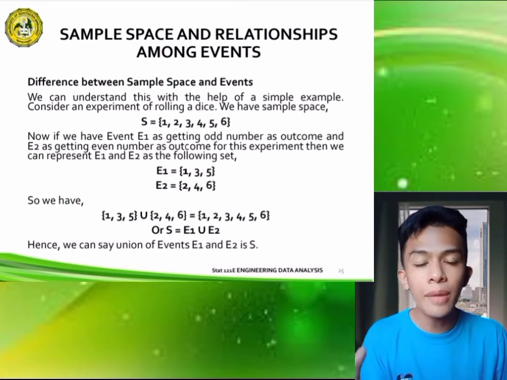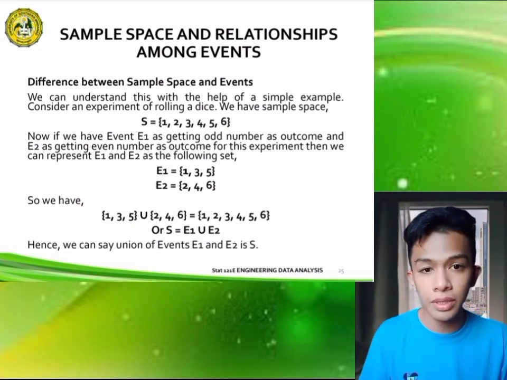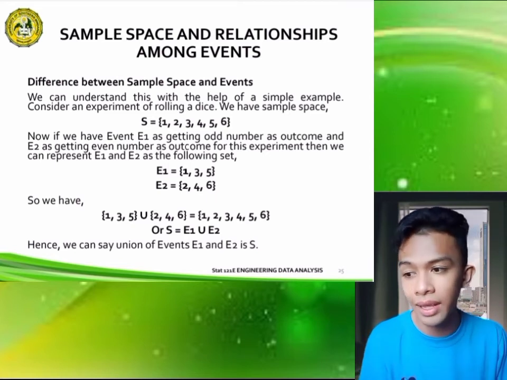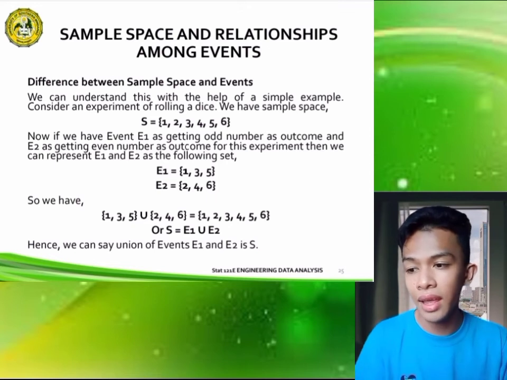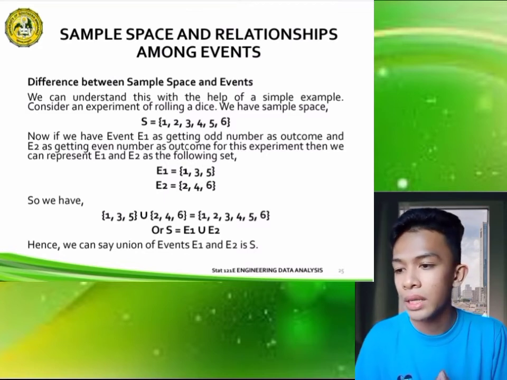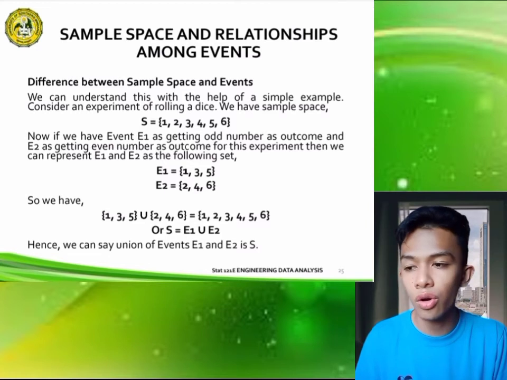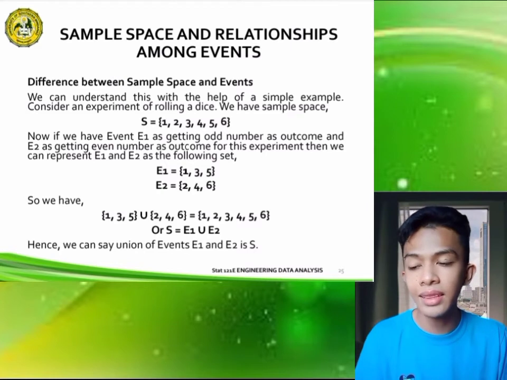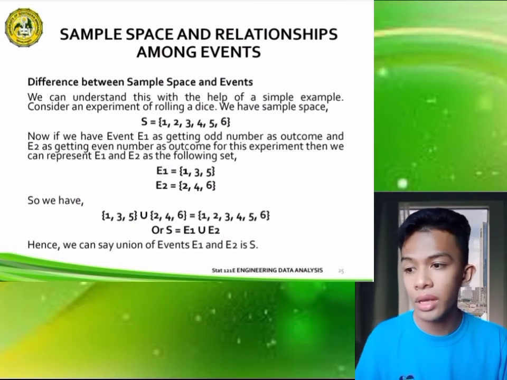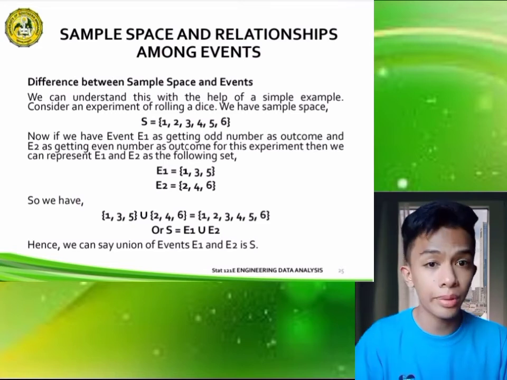So we know that the sample space can be represented by a big letter S. So we have what I mentioned earlier, heads, heads, heads, head, tail, head, and so on and so forth. Now suppose we are only looking for the outcomes with two heads. Then it will give us head, head, tail, or head, tail, head, or tail, head, head. This can be represented by the big letter E, meaning a subset of our sample space.